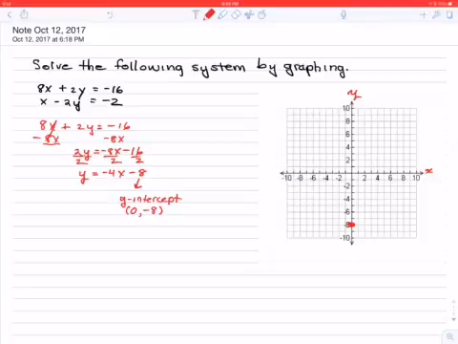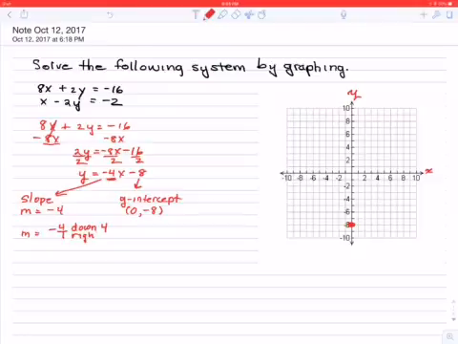From that point, I'm going to follow the directions given by the slope, where a slope is the coefficient of the x term. So I'm going to write that as a fraction. I could write it as negative 4 over 1, in which case, from the y-intercept, I would go down 4, because it's negative, and right 1 because the denominator is positive.